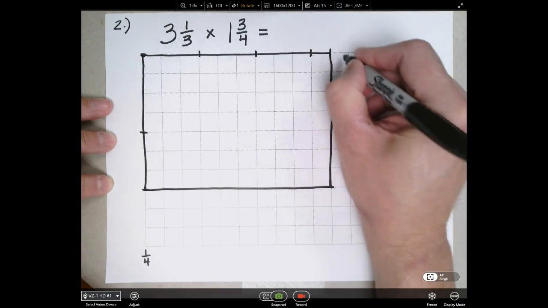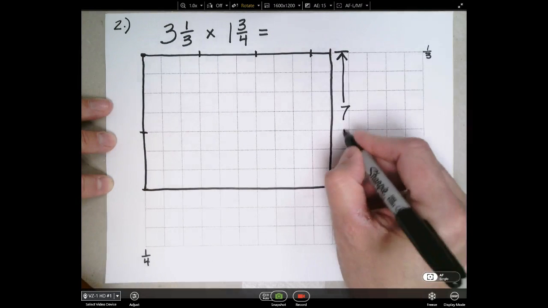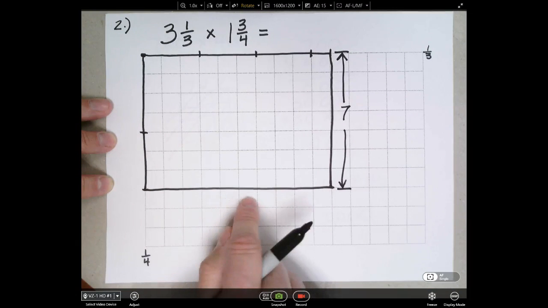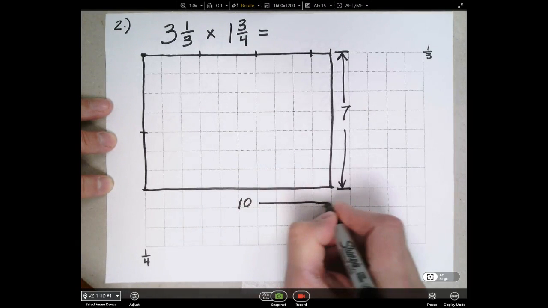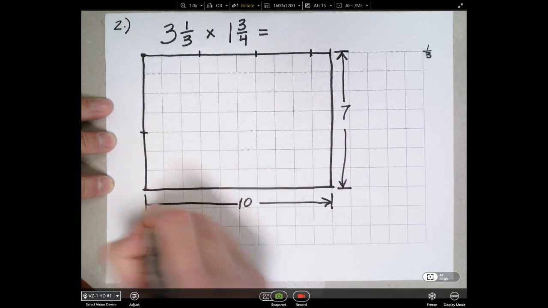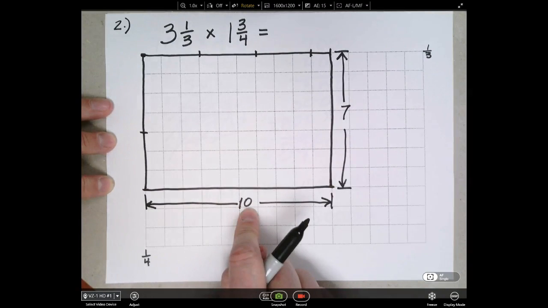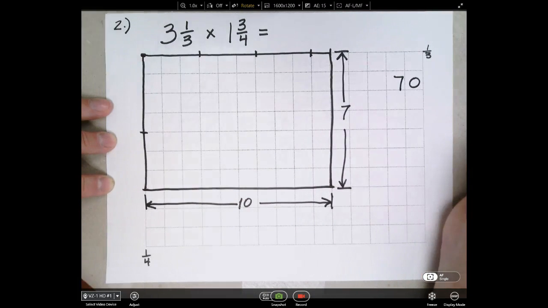So there are 7 boxes going in this direction. And there are 1, 2, 3, 4, 5, 6, 7, 8, 9, 10 boxes that go in this direction. And 7 times 10, which is going to be the answer to our multiplication problem, is 70.